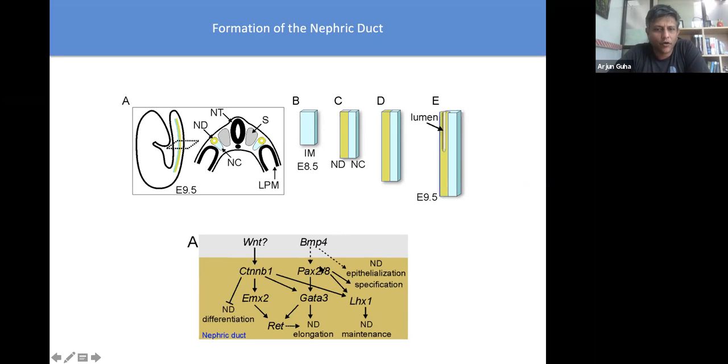This process of reorganization, again, involves epithelial to mesenchymal interactions in the sense that these cells are actively interacting with the cells that are neighboring them. And it involves the establishment of a gene regulatory network, which then leads to a stabilization of expression in the nephric duct.